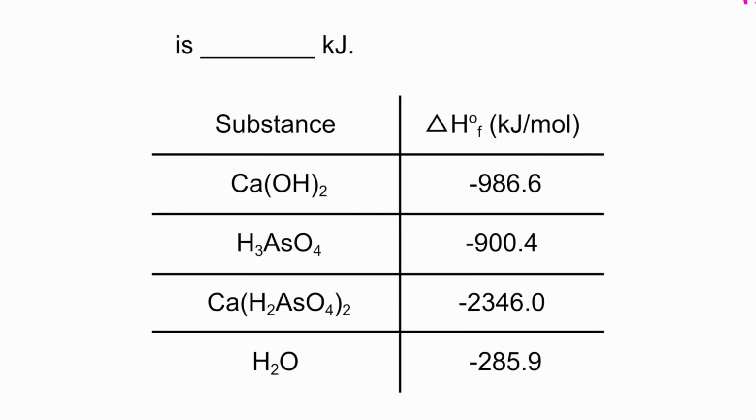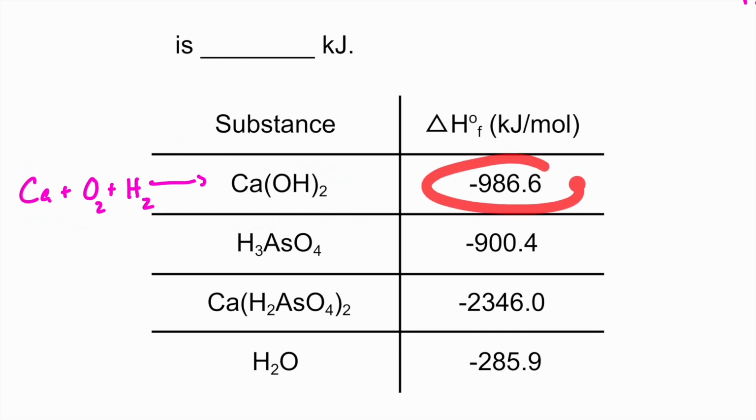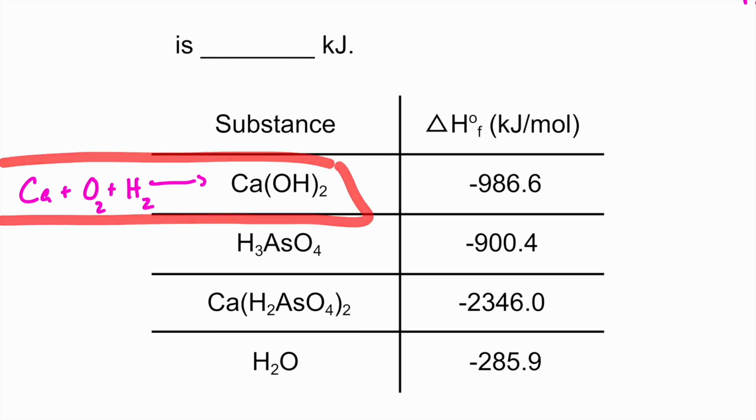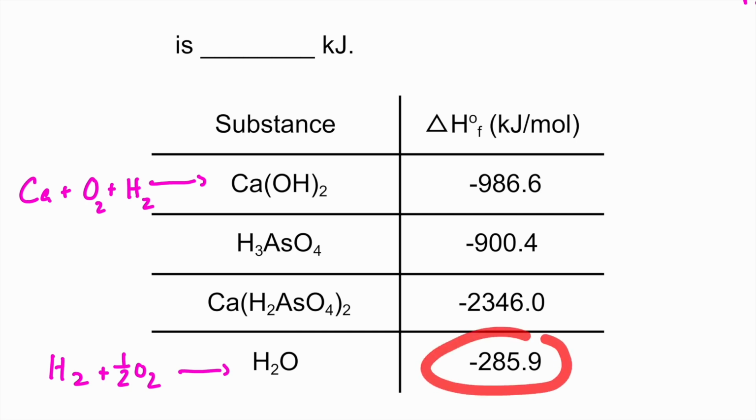Quickly, before I go on, for example, what this means is that this is made from its elements at standard states. So that's how this one looks, actually. So it releases 986.6 kilojoules when this reaction occurs, as one example. Okay? One other example, an easy one, is water. Looks like this. And then I have half of an oxygen, and it releases that much energy.